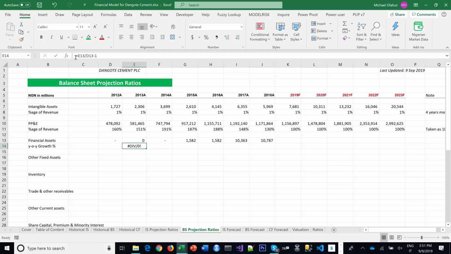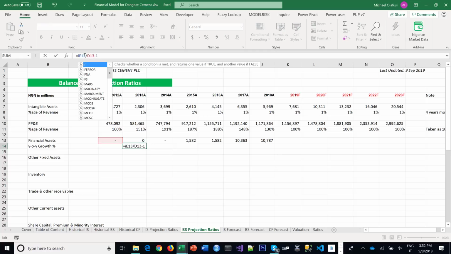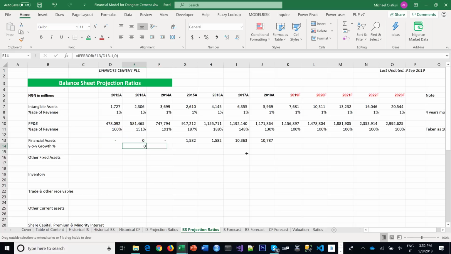This is a faster way than the other way, where you do in brackets this year minus last year, divided by last year. But this can be faster: this year divided by last year minus 1. So that's why I use this a lot more. And like we did the other time, anywhere you get a div by 0 error, if you don't want it to be there anymore, you can wrap it in IFERROR. And I can decide to do likewise for everything here.